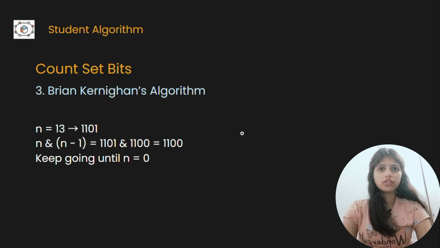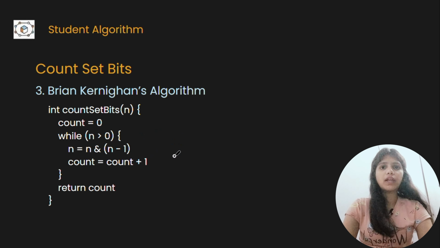Suppose we have count equals 0, and while n is greater than 0, n equals n and n minus 1, then count plus plus. Previously, let's take a simple number, 101, and n minus 1 is nothing but 100.